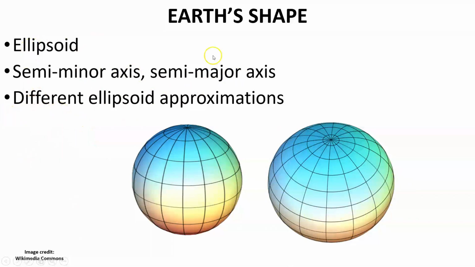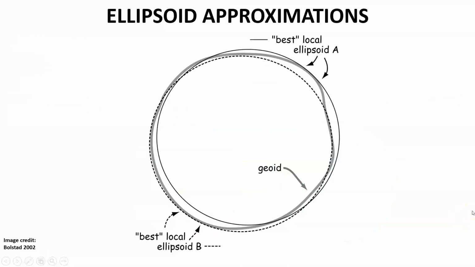What this means is that depending on where you want to measure coordinates and points on the Earth, we're going to have different ellipsoidal approximations. The reason we need different ellipsoids is that since the Earth is quite large, the ellipsoid that works best in one part of the world might not work well in another part of the world.